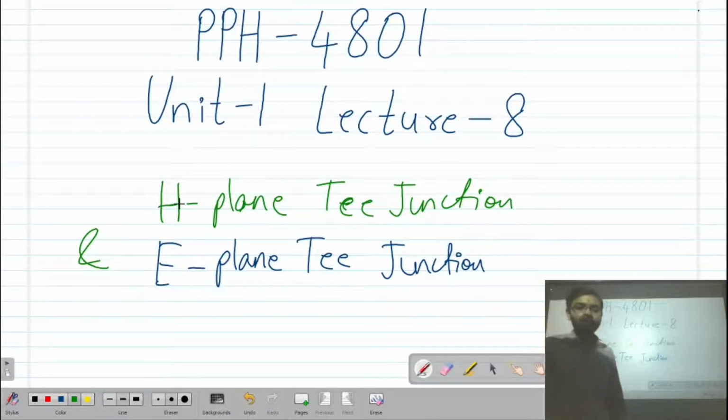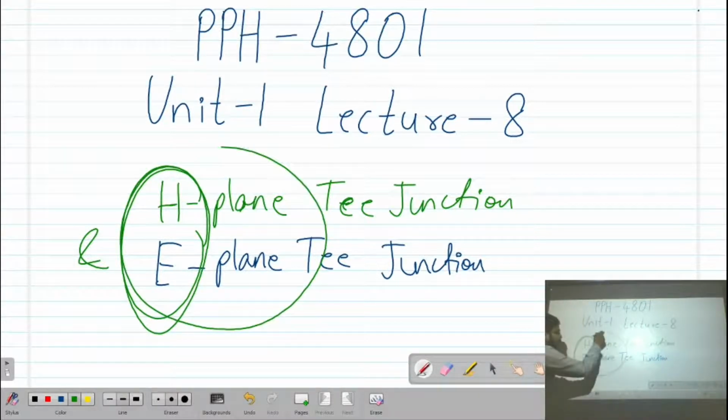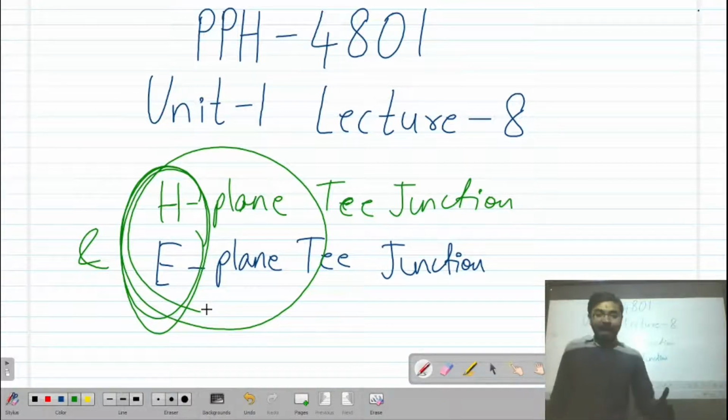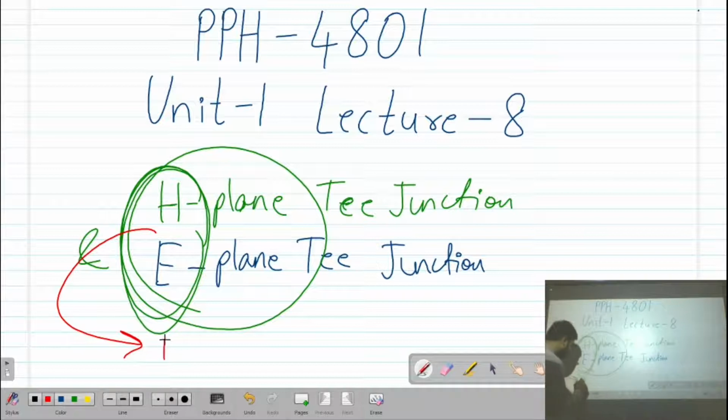Now in today's lecture, we will study the combination of both of them. When we combine both E and H plane, then what is going to happen? Another T junction will be generated, that is EH plane.